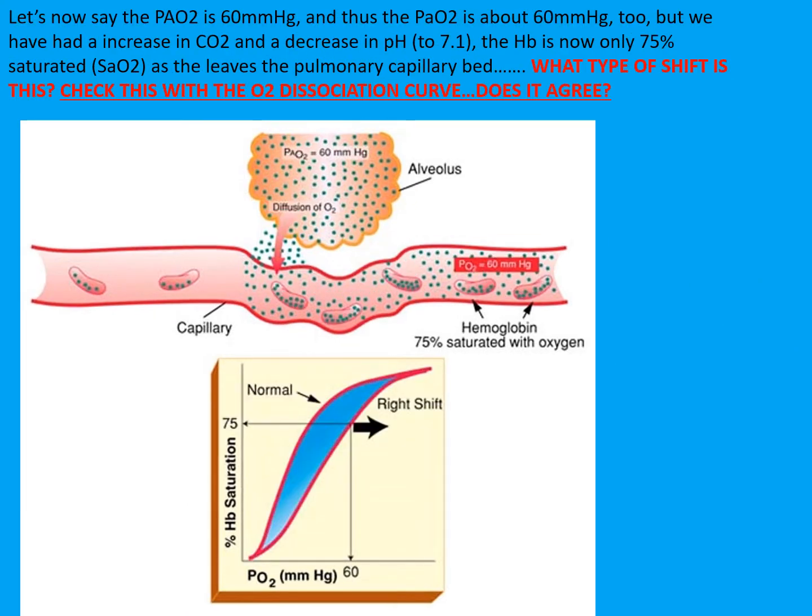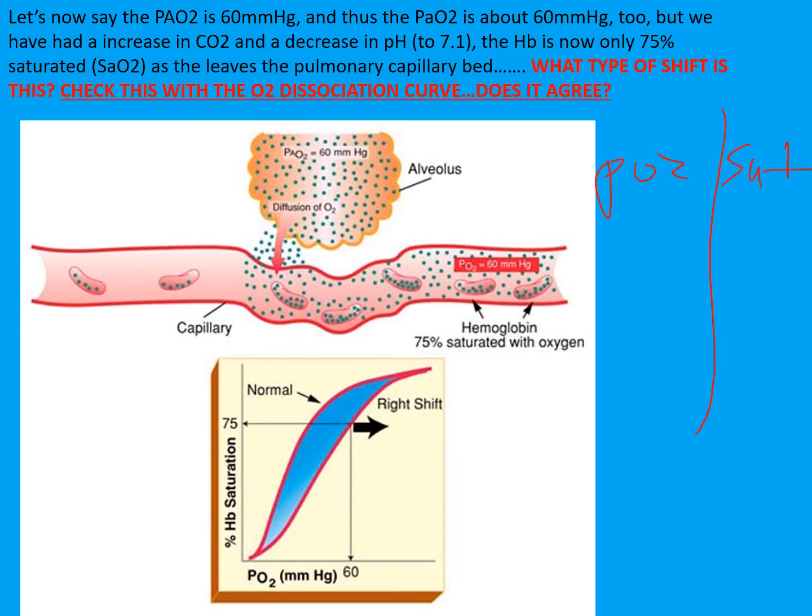All right, we have a patient that has a PAO2 of 60 and a PaO2 of 60. But we have an increased CO2 and the pH is lower, which means hydrogen ions have increased. I'll repeat that. Increased hydrogen ions, increased CO2, and their saturations are low. Their saturations are 75%. So are they shifted? Well, how do I check if they're shifted?